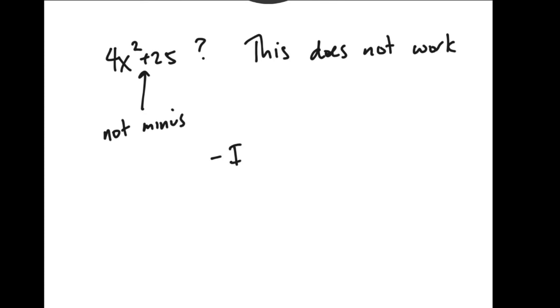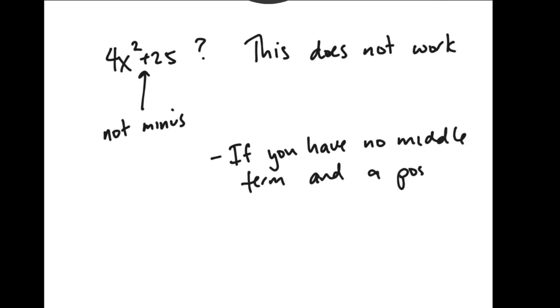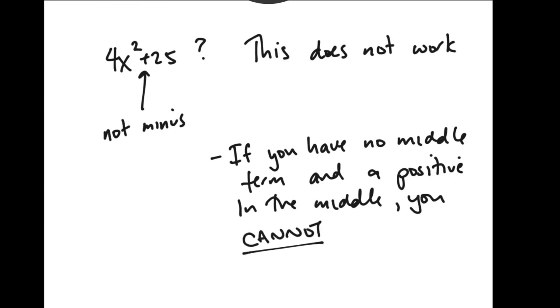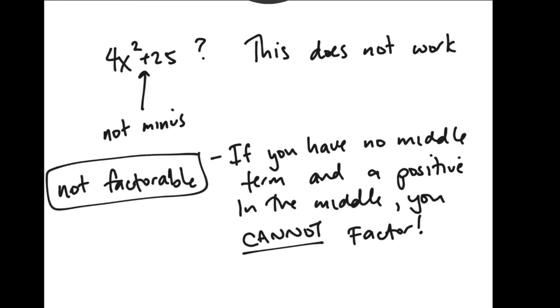Again, if you have no middle term and a positive in the middle, you cannot factor. So the answer for this one is not factorable. You will learn how to do that in Algebra 2.